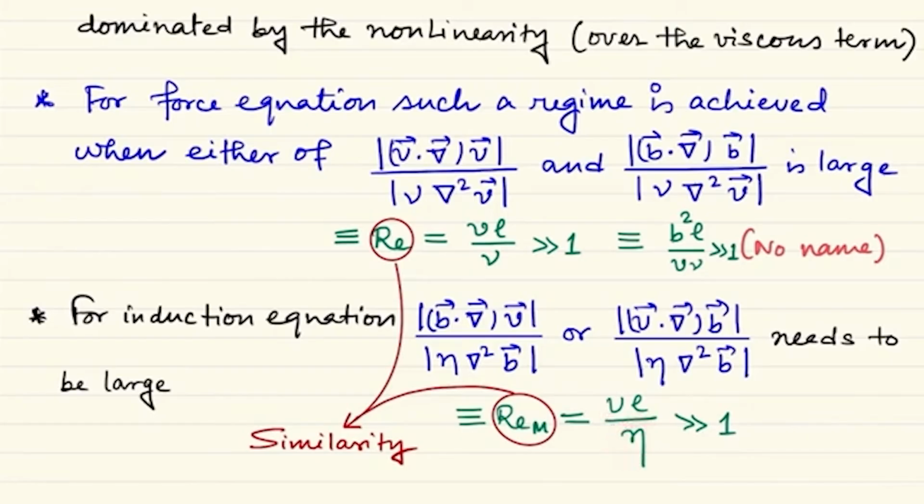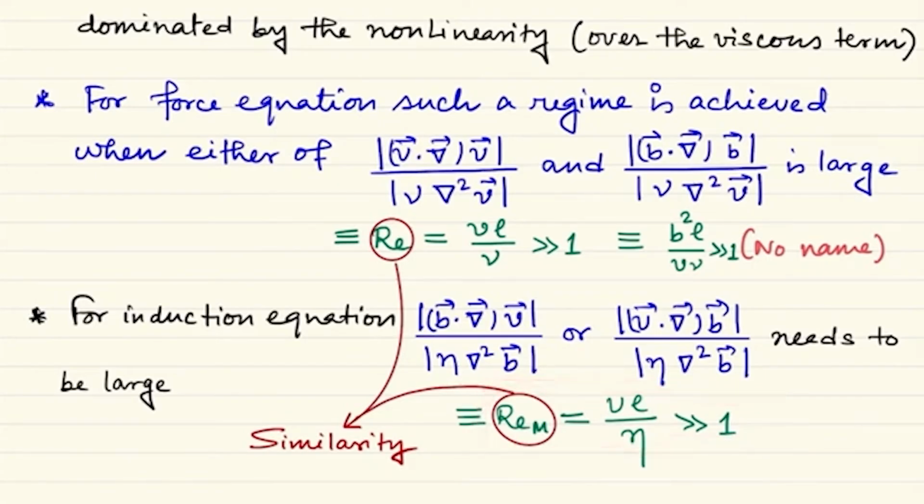The numerator is exactly that of the common Reynolds number, but the viscosity coefficient is now replaced by the magnetic diffusivity, and this is known as the magnetic Reynolds number. For the induction equation to be dominated by nonlinear effects, the magnetic Reynolds number should also be very much greater than 1, that is, it should have a very large value.